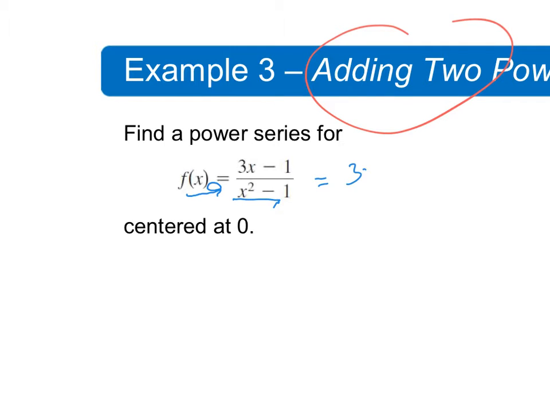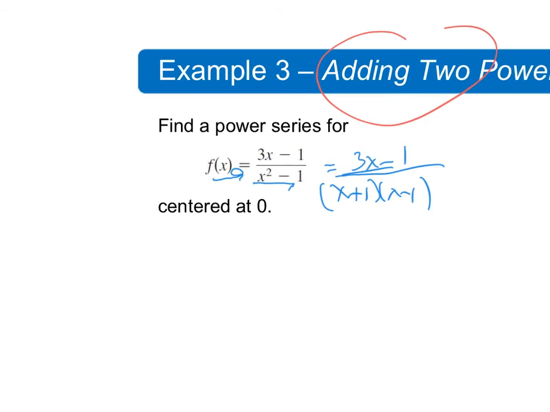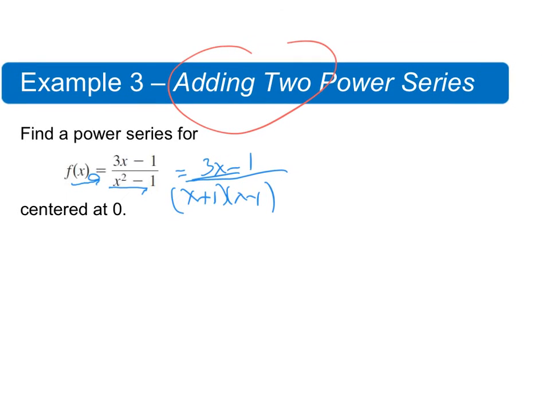This looks like 3x minus 1 over x plus 1 times x minus 1. And then I'd be asking you, class, when have we seen this before? Partial fractions. Oh, yes, you're right, Sandy. Partial fractions.